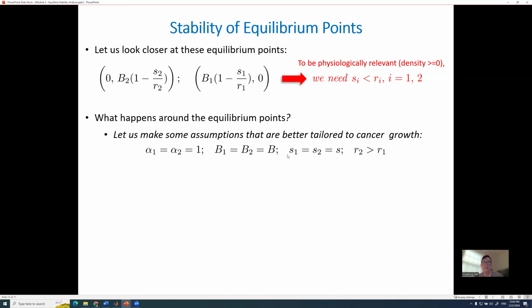Also, let's say the cells die at the same rate, just for the sake of simplifying the problem. But R2 is bigger than R1, which means cancer cells reproduce at a faster rate than healthy cells. Cancer cells proliferate faster, because cancer spreads faster. These are assumptions that we make to tailor the model to cancer growth.